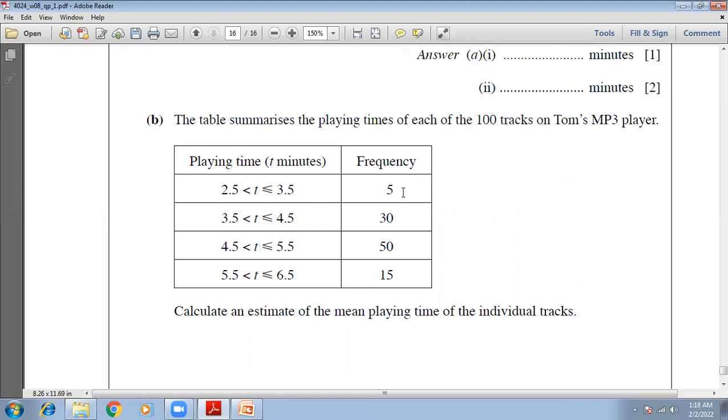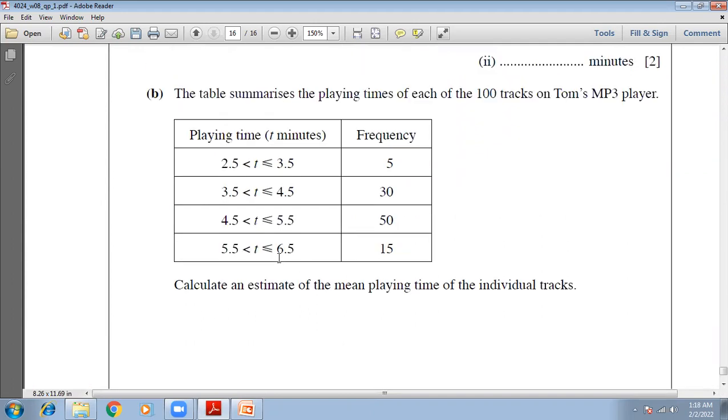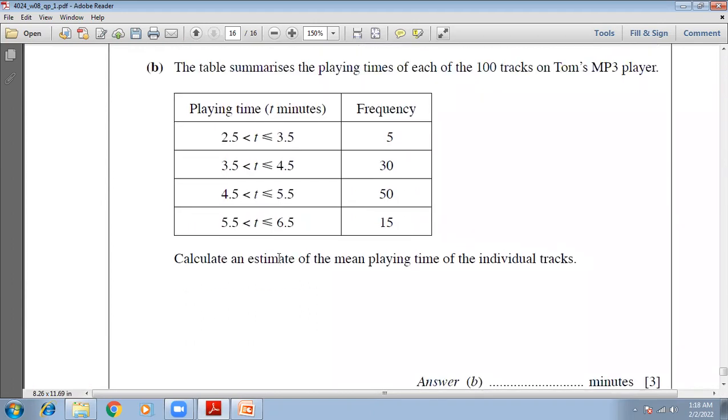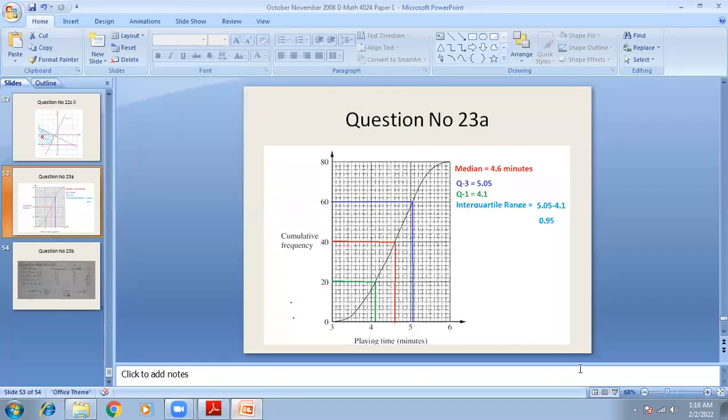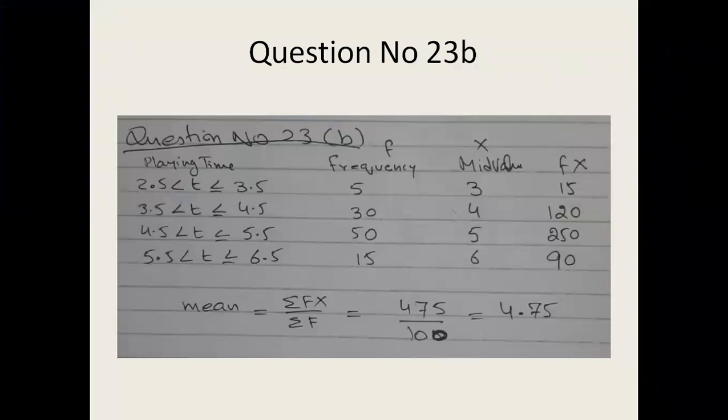The frequencies are 5 and 30 and 50 and 15. Calculate an estimate of the mean playing time of the individual tracks. So we have to find the mean. So that's a three marks question.